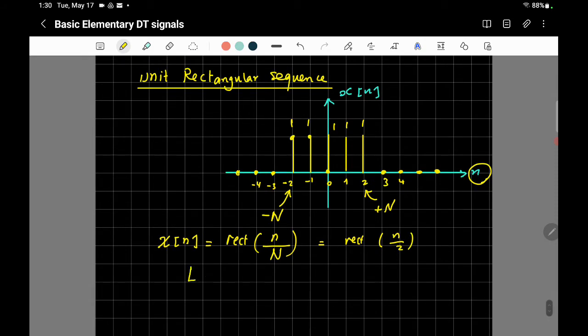If you call L the number of total pulses, you got 1, 2, 3, 4, 5, because there is 1 here at n equals 0. So you got 2 before 0 and 2 pulses after 0, that's 4, and 1 at 0, that will make it 5. So always remember the number of pulses will be equal to 2n plus 1.